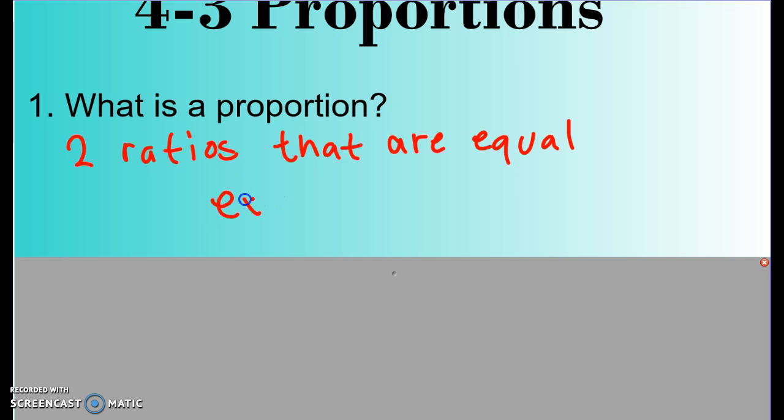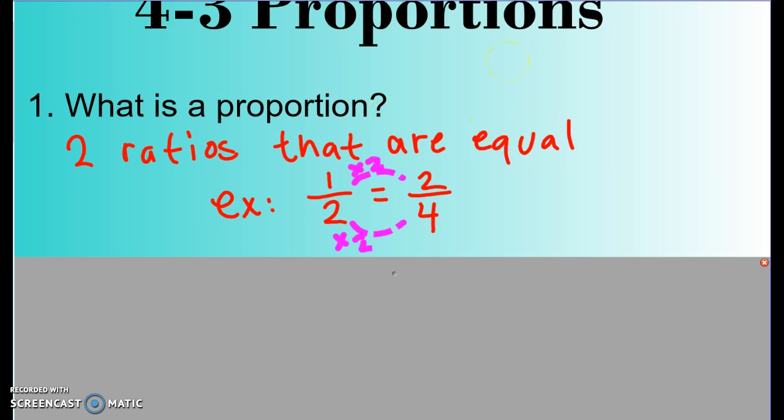Just for example, you'll see something like 1/2 or 1:2 as a ratio, and that is equal to 2:4. This would be a proportion because we can multiply 2 by 2 to get 4, and we can multiply 1 by 2 to get 2, and therefore these two ratios are equal, and that is what a proportion is, just a fancy word to describe that relationship.